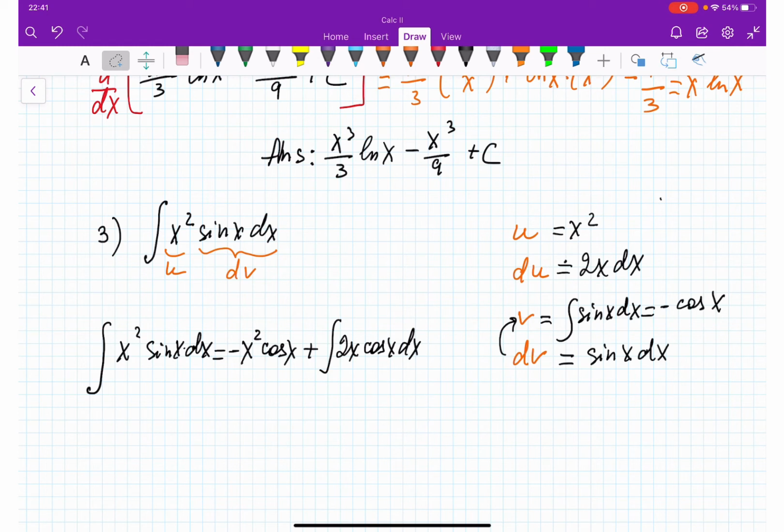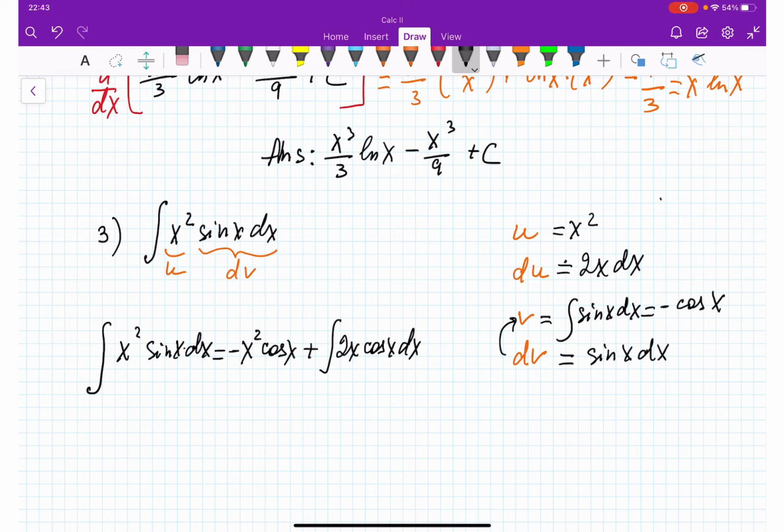So we successfully wrote down the formula. So what did we get? We ended up with 2x and cosine x dx, which is again form of product, right?